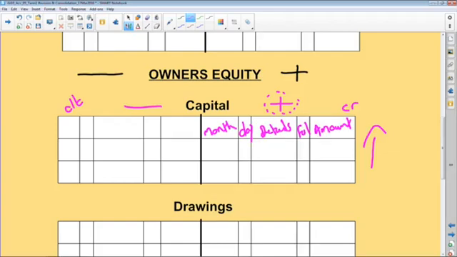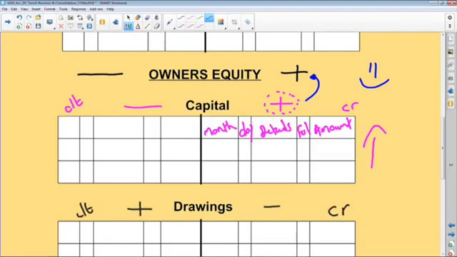So let's go further. If capital goes up, what influence will it have on my owner's equity? Your owner's equity will go up, and your owner will smile because they have more money invested in this business. But now let's look at drawings. As drawings go up on the debit side, drawings go down on the credit side.